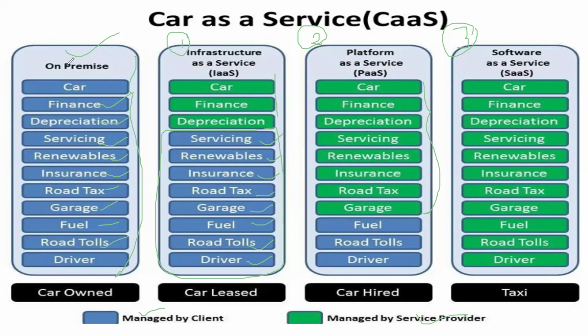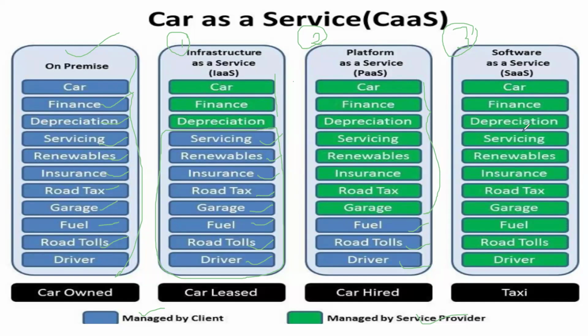Up to this only managed by the providers, right? Here in platform as a service, you will take care of the petrol, road tolls and the driving. If we hire a car, that is, in cloud terminology, platform as a service.